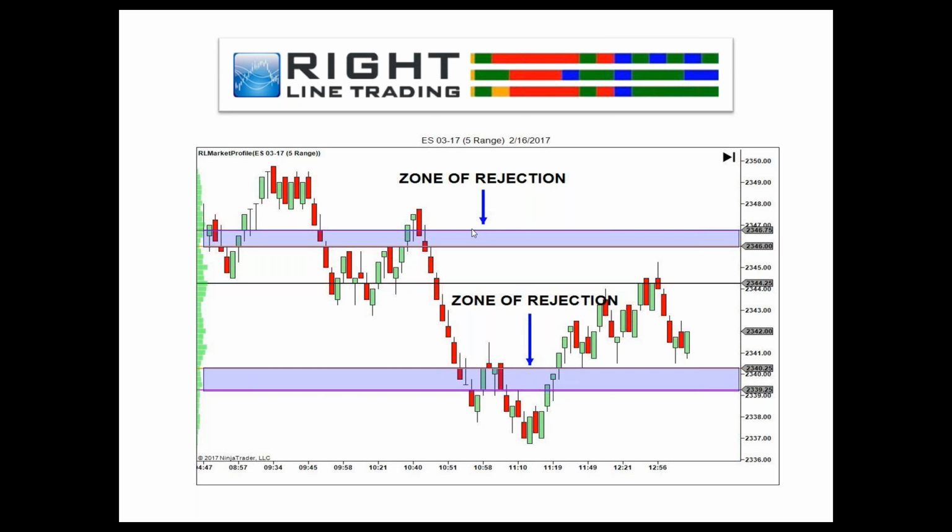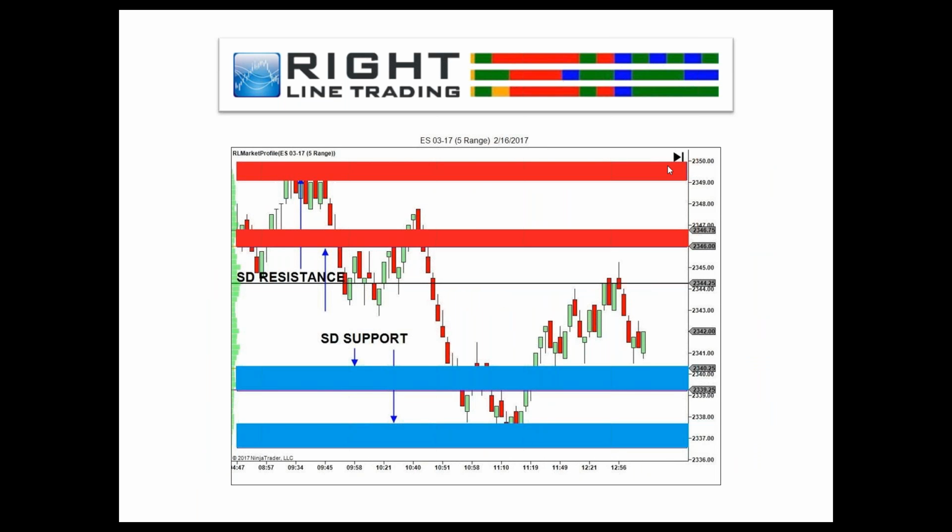Now, here's what a lot of indicators like this do. They create fixed areas like this, where red is indicated as a zone of resistance and blue is indicated as a zone of support. And these track across the chart.